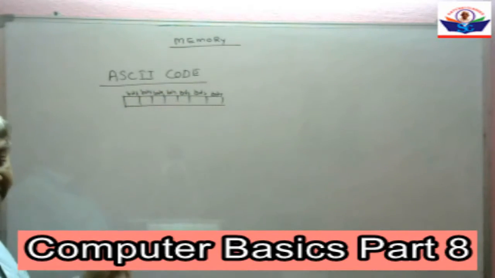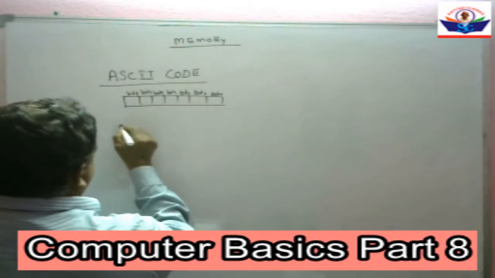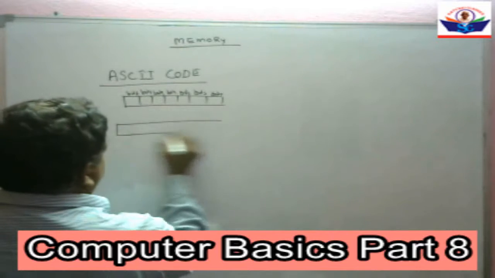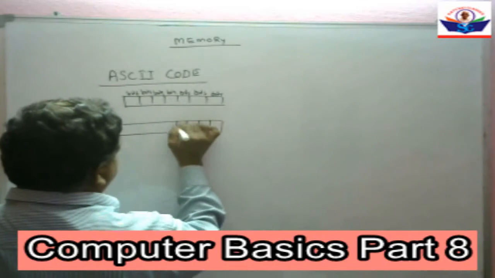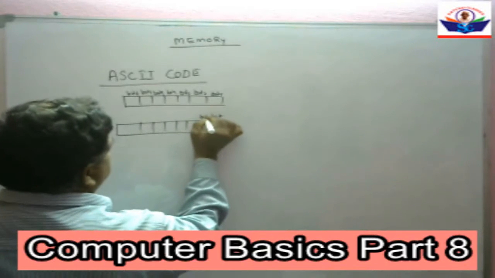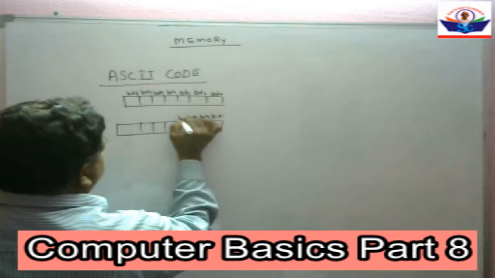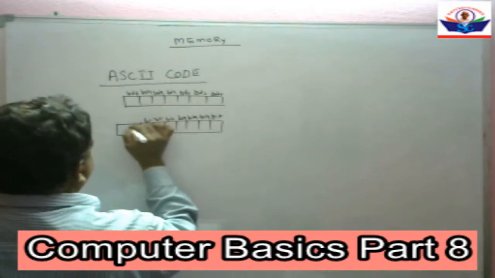Like this, it has 7 bits length. Next, the latest one is with 8 bits length: bit 1, bit 2, bit 3, bit 4, bit 5, bit 6, bit 7, bit 8.